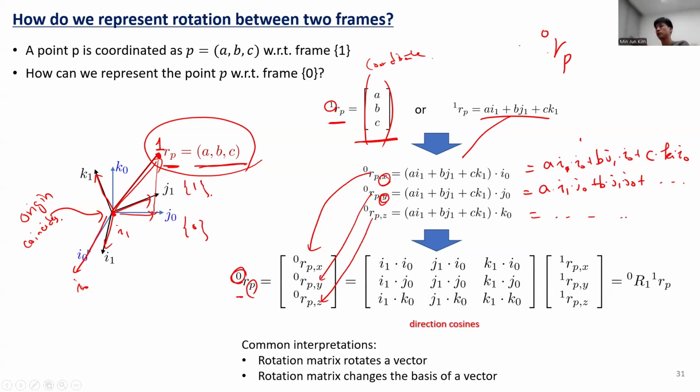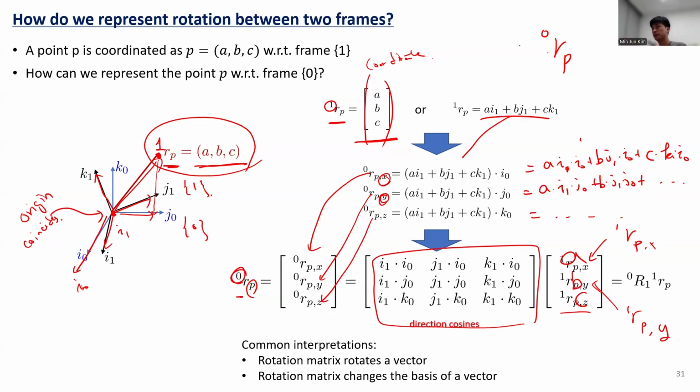So we can rearrange the terms so that we have A, B, and C here, which is nothing but the components of RP1: the first component, the second component, and the third component. And here are just the dot products of the basis vectors.